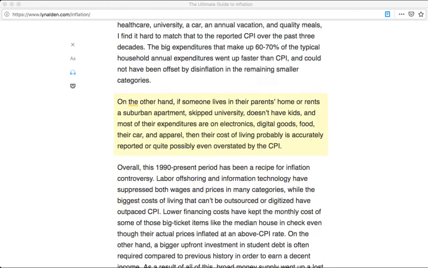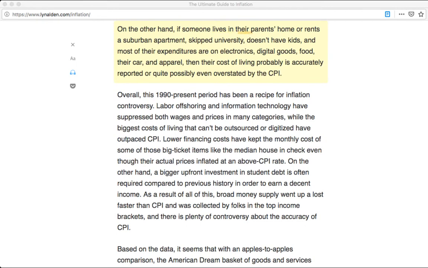On the other hand, if someone lives in their parents' home or rents a suburban apartment, skipped university, doesn't have kids, and most of their expenditures are on electronics, digital goods, food, their car, and apparel, then their cost of living probably is accurately reported or quite possibly even overstated by the CPI. Overall, this 1990 to present period has been a recipe for inflation controversy.